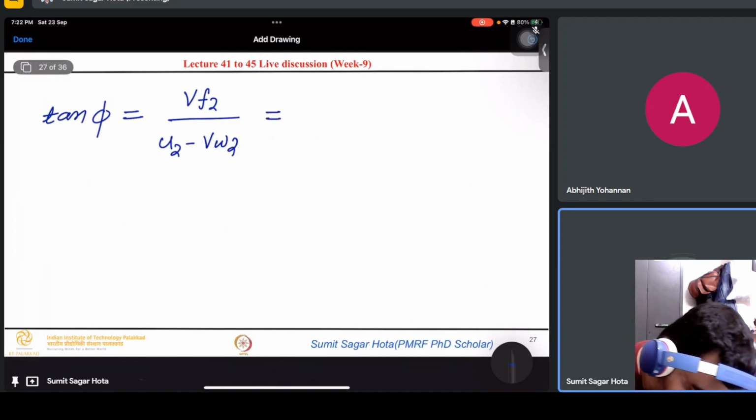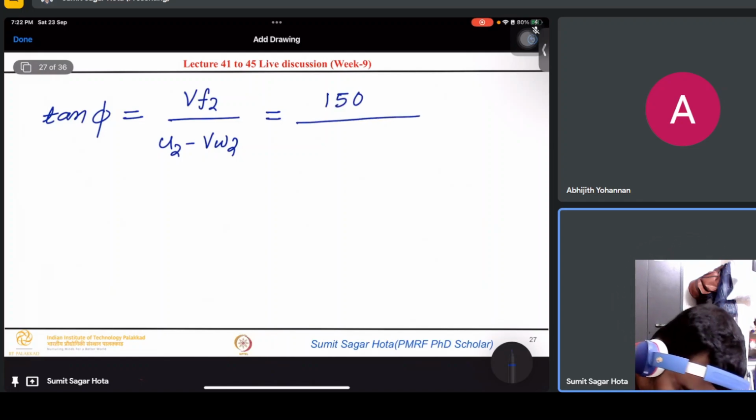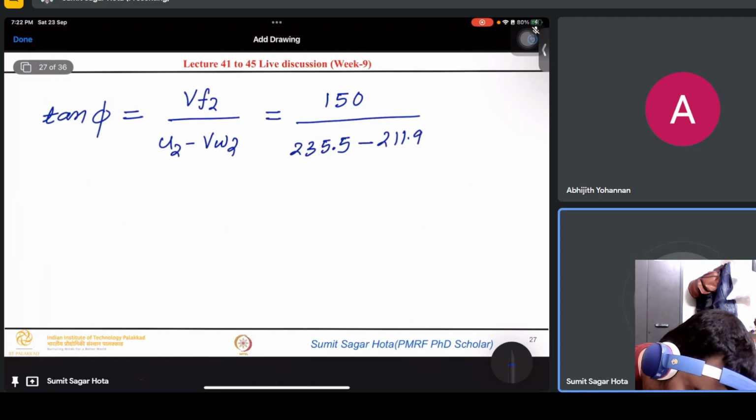What is BF2? I already told you, 150, equal to V1, equal to BF1, equal to BF2. So that is equal to 150 divided by U2, 235.5, minus BW2, which we now found out, 211.95.